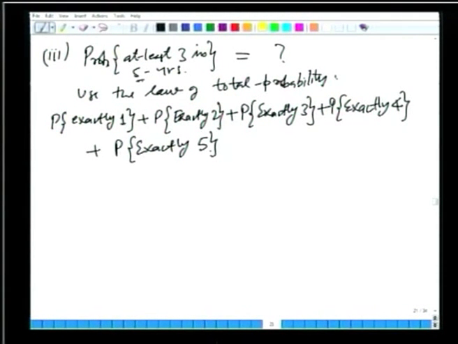Anything else? Yes. Plus you have probability of non-occurrence of that event, that is exactly 0 times. Okay. These are all the possible combinations or possibilities when you are conducting this trial in 5 successive years.